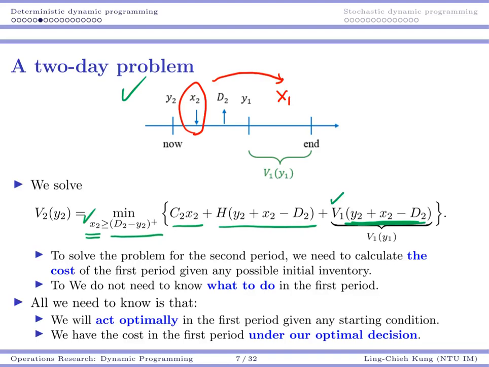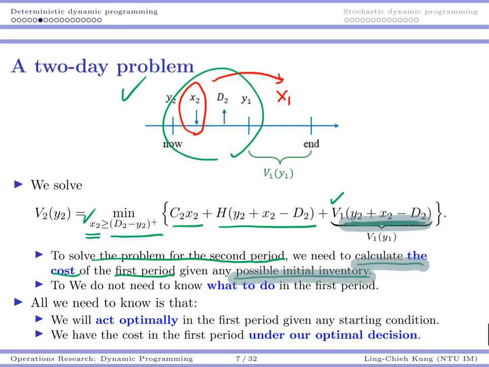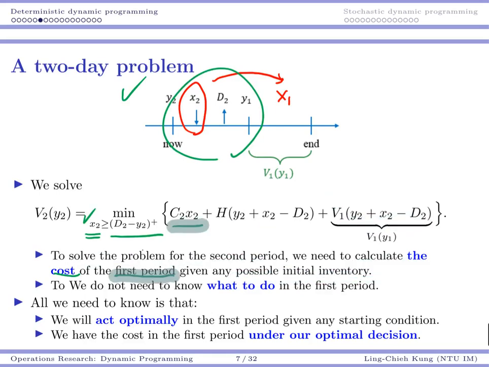To solve the problem for the second period, which is today, I need to calculate the cost for the first period given any possible initial inventory. That means I need to know if I leave 1 unit for tomorrow, how much I need to pay for tomorrow. If I leave 2 units for tomorrow, how much I need to pay for tomorrow, and so on.